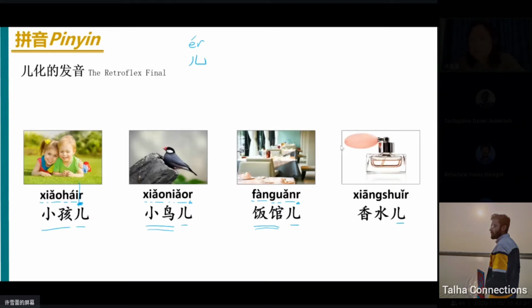Next one, the original word xiāng shuǐ, 香水, and with the sound 香水儿, so a little bit different, right?